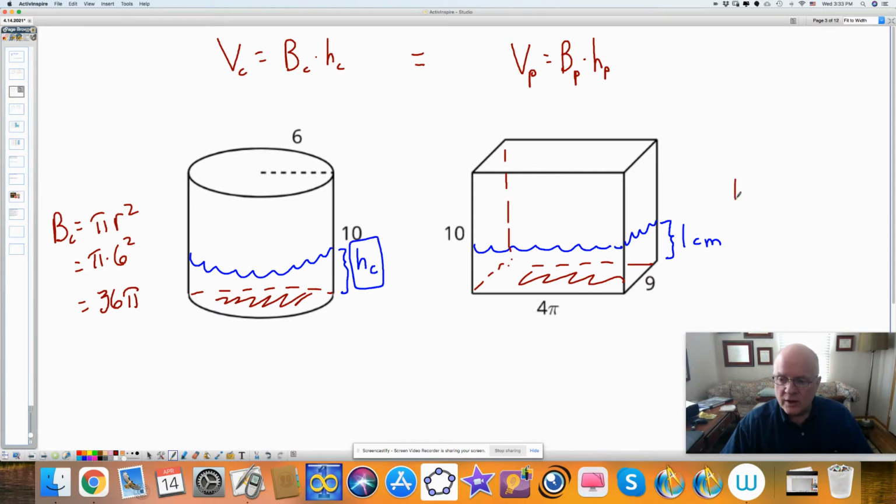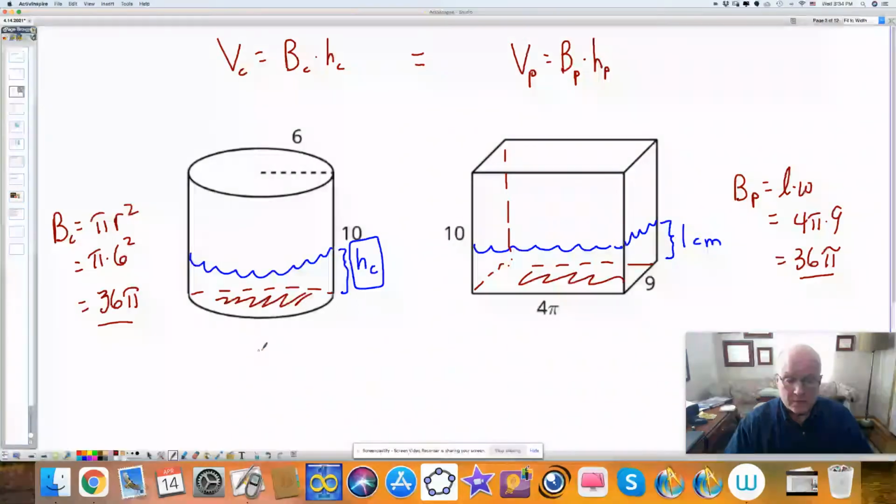For this one, the area of the base of the prism is the length times the width, which is 4 pi times 9, which is 36 pi centimeters squared. These are the same. So when I substitute these values in, I get the volume of this one is 36 pi times my height, which is h sub c.